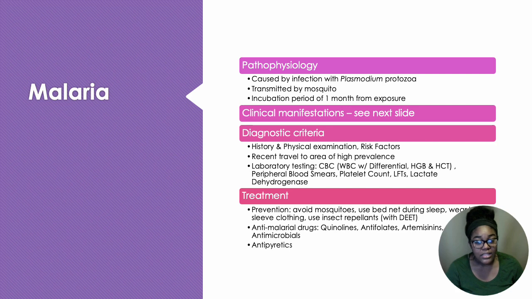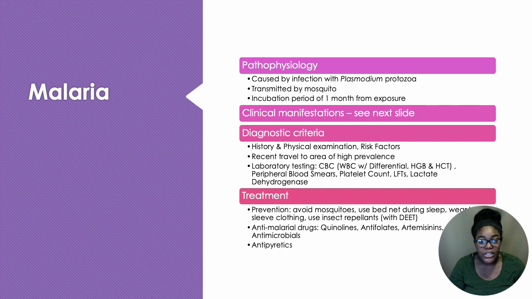You have diagnostic criteria. You have to have a history and physical examination determining that you are showing those clinical manifestations. Some risk factors would include recent travel to an area of high prevalence, normally in your sub-Saharan African areas. You have different laboratory testing. That would include a CBC, and in that CBC, you're looking at your differentials, your white blood count, hemoglobin levels, hematocrit levels.